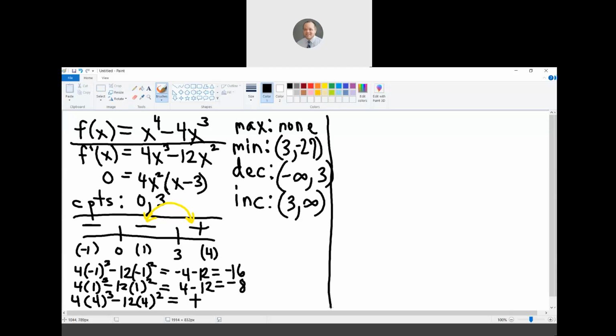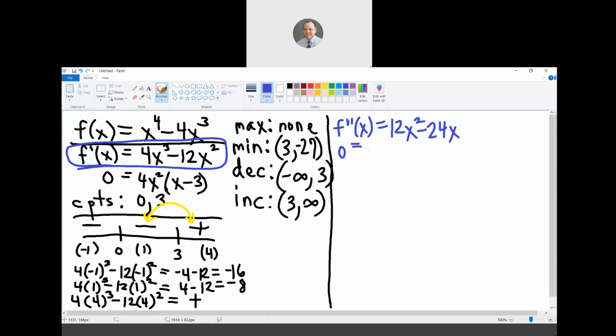All right, let's do the second derivative test. So when I take the derivative again, and I'm taking the derivative of this part here, that gives us 12x squared minus 24x. Before we find our critical values, again, factor out the greatest common factor.